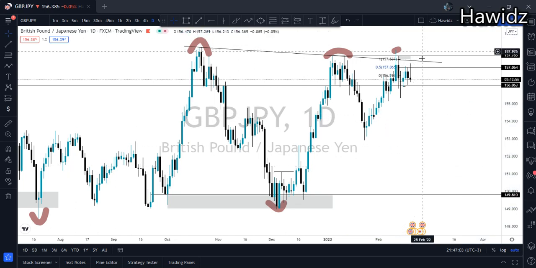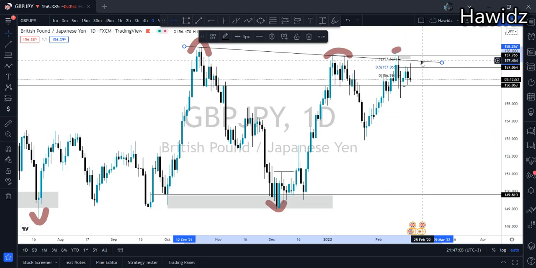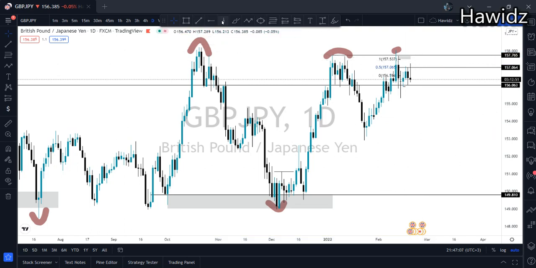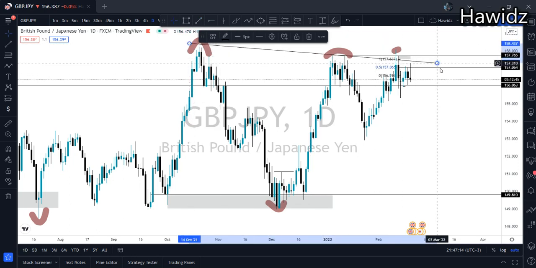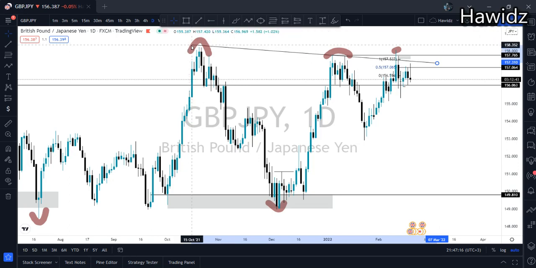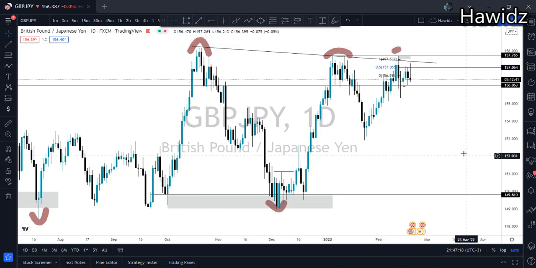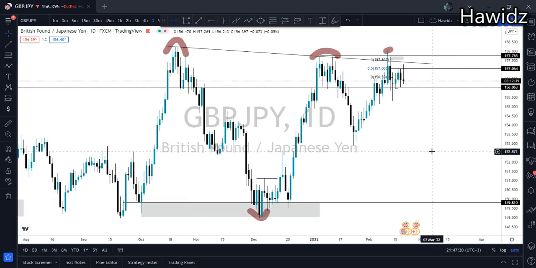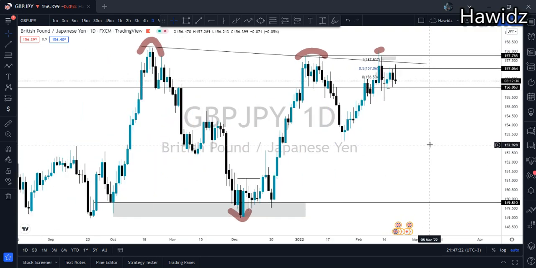Okay, so after we saw this failure to break structure to the upside, we then see that price came down.